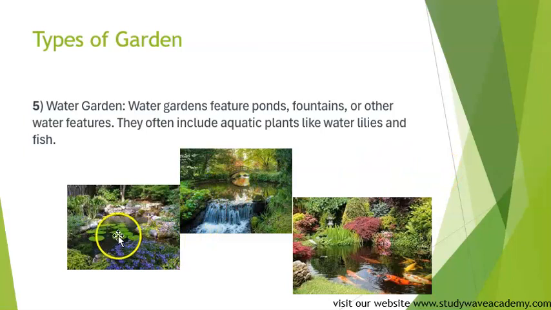Like we have over here, we can see some leaves floating on the water, right? We can see some fishes. So this is called the water garden. It's like a pond or a fountain where water falls. It's called the water garden.